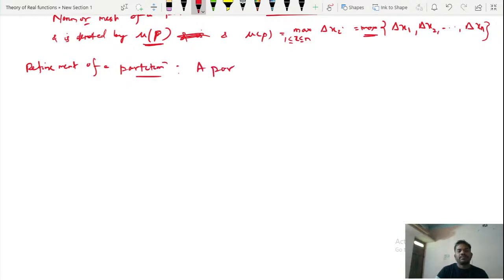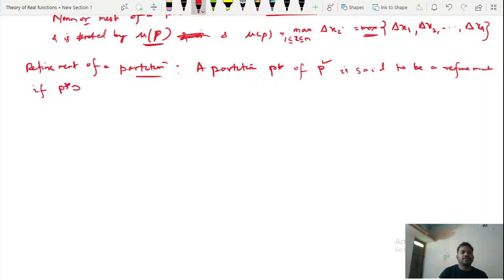A partition P star of a partition P, where P is also a partition, is said to be a refinement of P if P star is a superset of P. So if P star is a superset of P, then P star is a refinement. Now let us see an example.